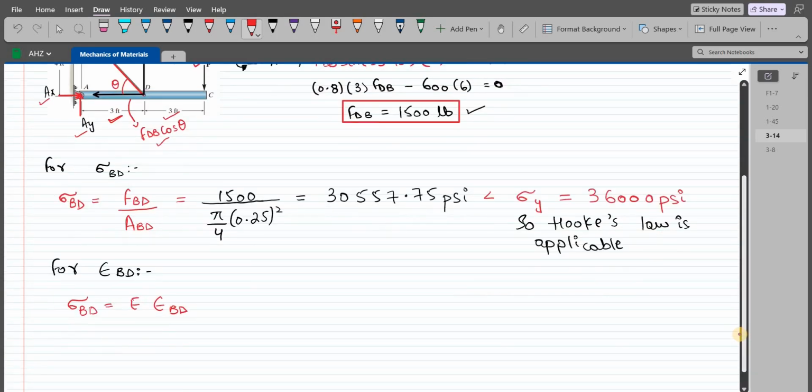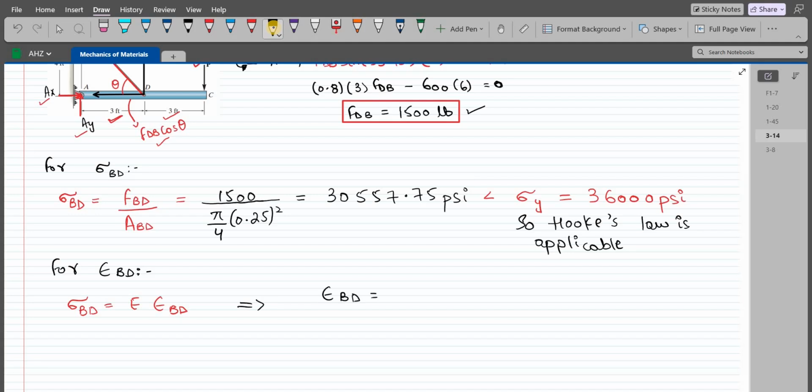If we rearrange this equation, we would have average normal strain equal to average normal stress over the Young's modulus. The Young's modulus of A36 steel is 29,000 ksi.